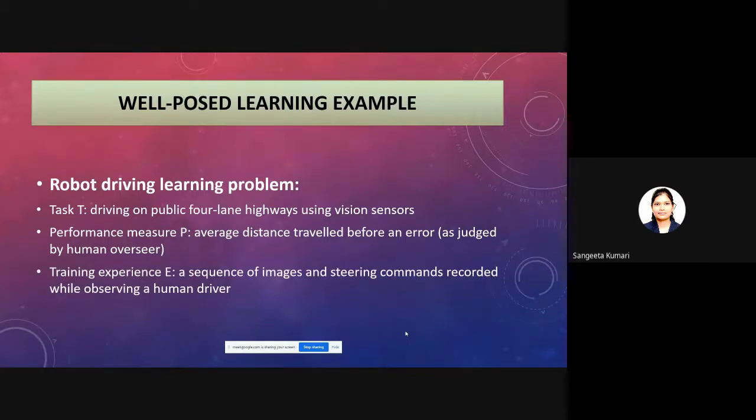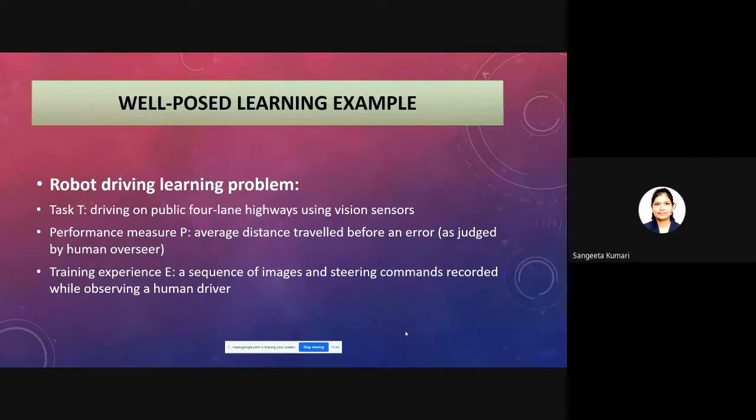And then after that, training experience E, and that is basically a sequence of images. If we are talking about car driving by a robot, in that case multiple sensors would be there. I'm talking about camera sensors, many: front side, rear side, and side views, right? So what would be your input data, that will be the experience, right?